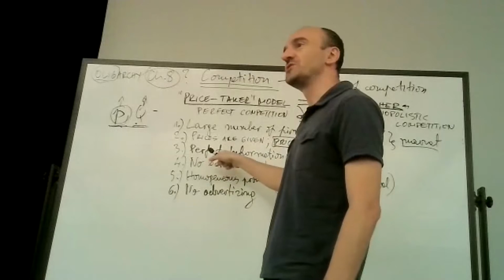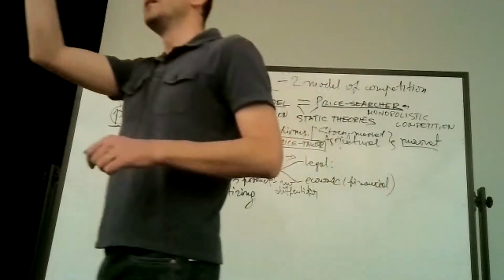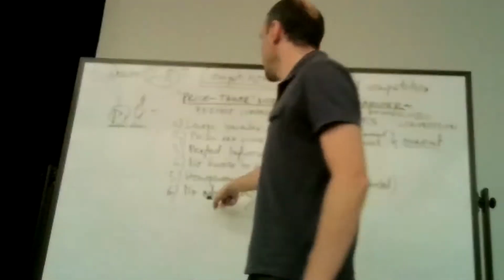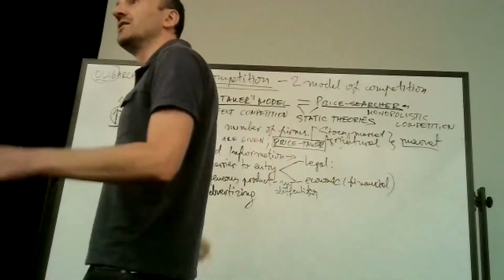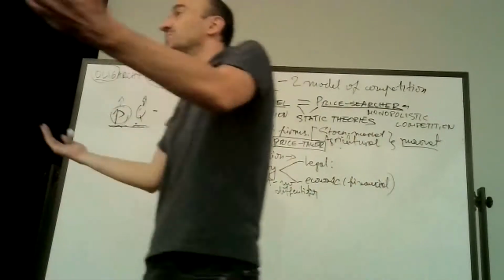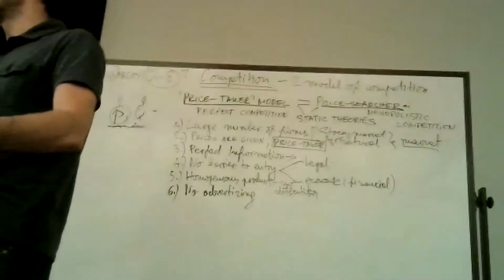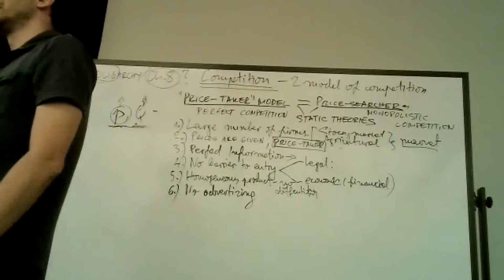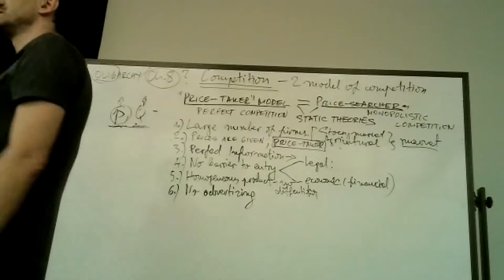To entry or information barriers? Information. Why does the assumption of perfect information implicitly contain the idea of no advertising? Well, everybody knows. What is the main purpose of advertising? To make your own existence as a seller known to everybody, to overcome the information barrier. If there are no information barriers, then there's no need for advertising at all.